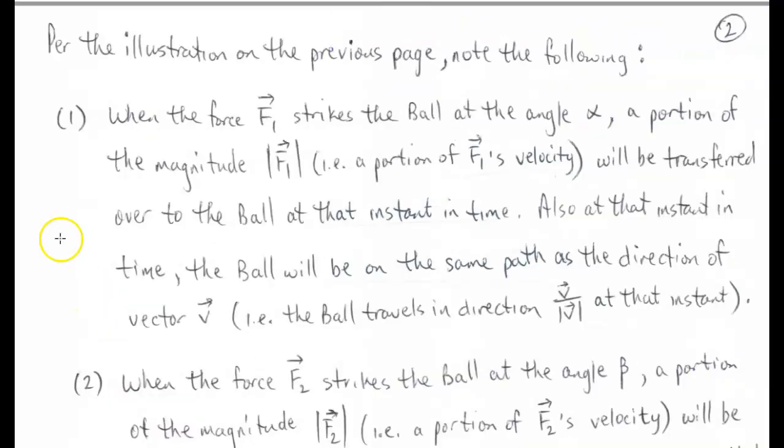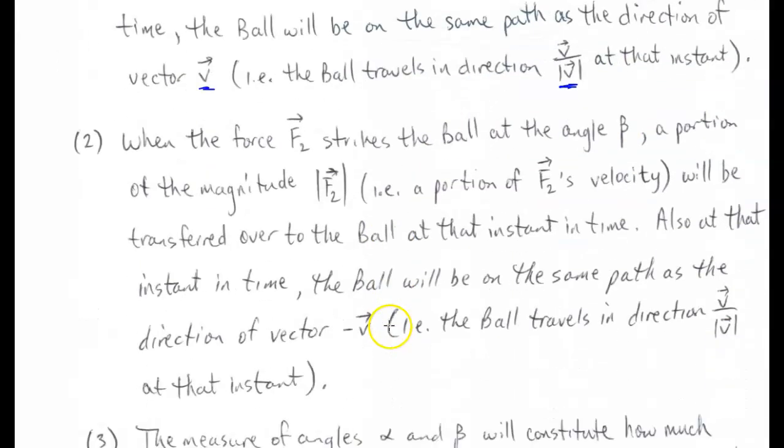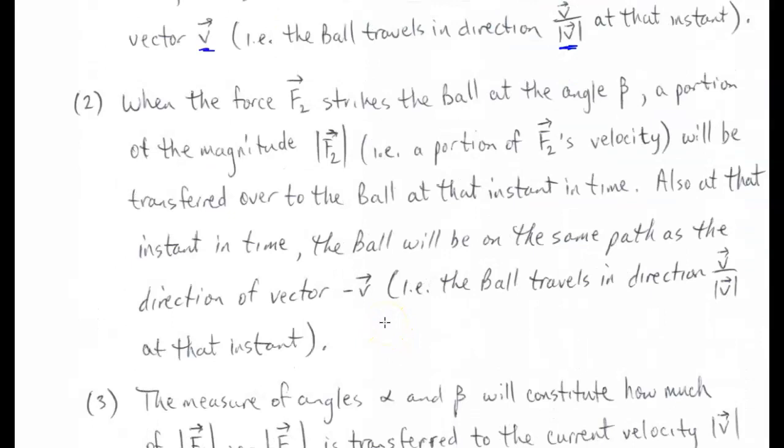All right. So as I mentioned before, when my vector F1 strikes the ball at some angle alpha, a portion of the magnitude of F1 is going to be transferred to the ball. Also, at that instant in time, the ball will be on the same path as the direction of vector V, which is basically that unit vector. Same kind of thing for F2.